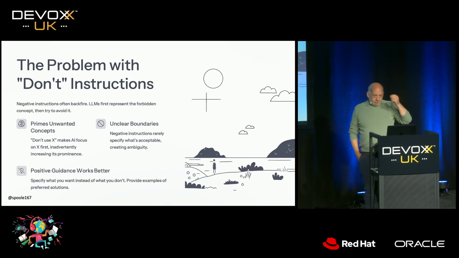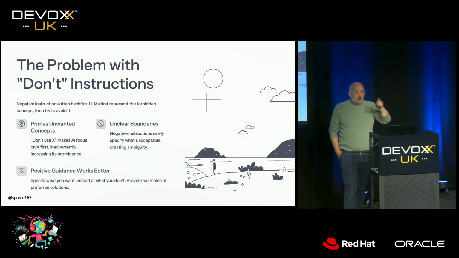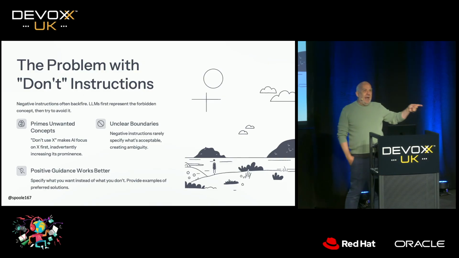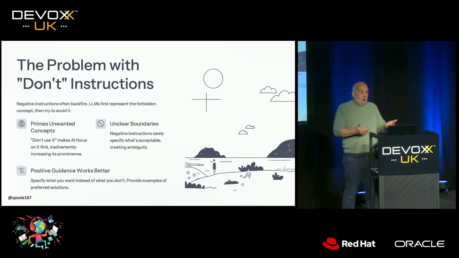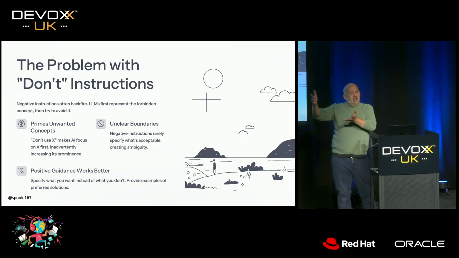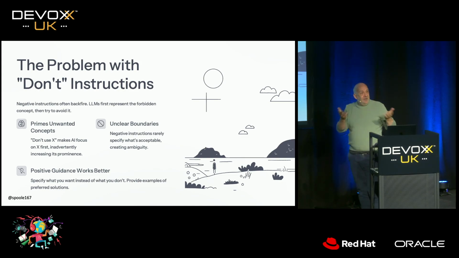Don't say don't. The reason you should never say don't to an LLM is that it has to go figure out what it is you don't want it to do first. And that ends up in the memory, and because we're talking statistical, suddenly the thing you didn't want it to do is sort of there, okay? And these things happen, so try it, right?